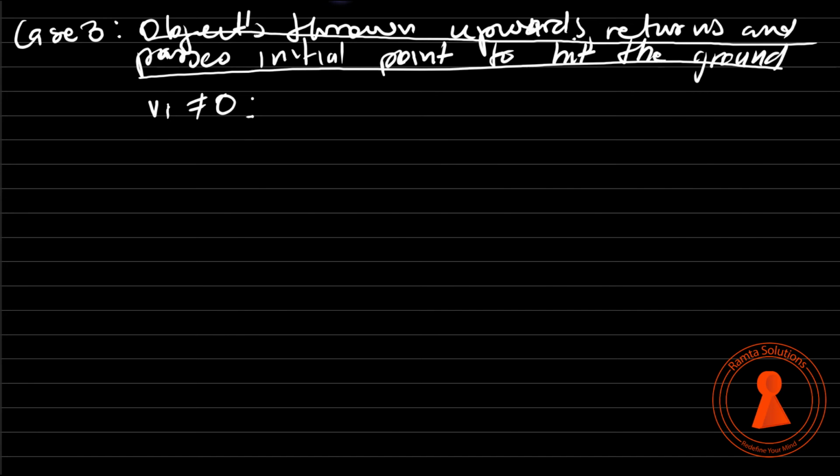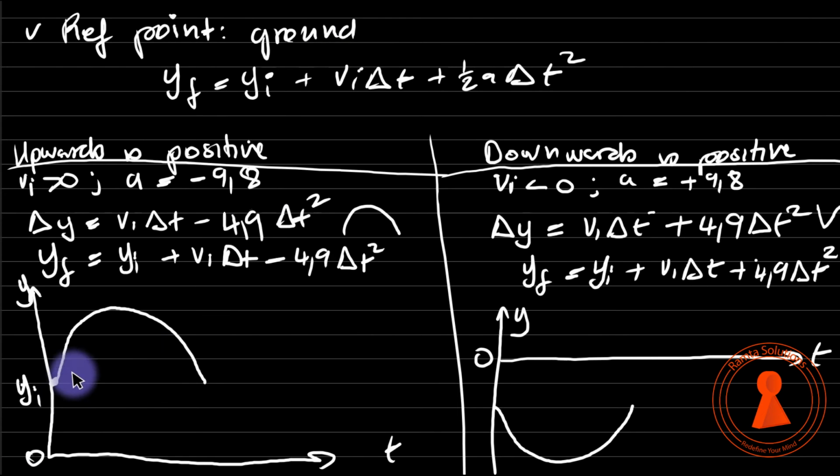Maybe let me go back here, guys. Something I want to tell you again is that there is what we call time symmetry. If this is t1, this is t2. 0 to t1 is equal to t1 to t2. That's time symmetry. This point here is your maximum height.